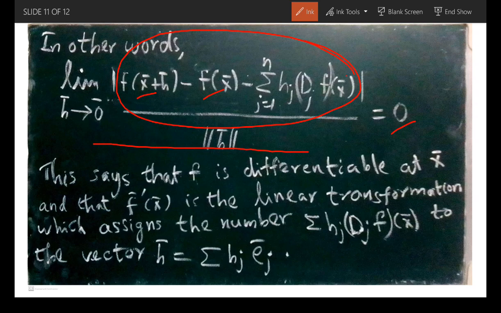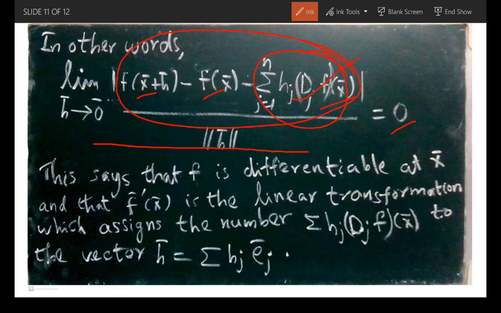And here I should get a linear transformation applied to the vector h. Is this a linear transformation? Sure. So what is this? It is d1 f at x into h1 plus etc. plus dn f at x into hn.